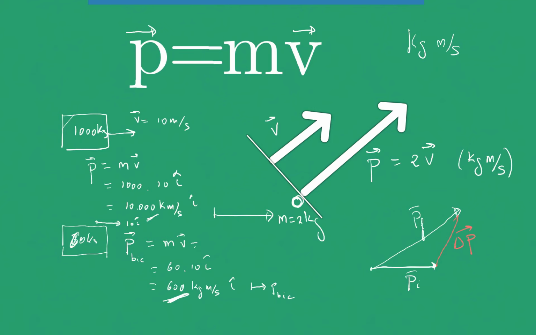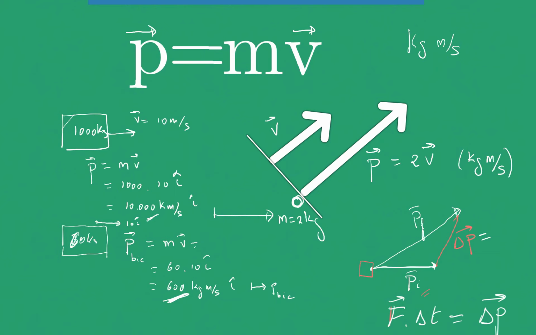Who has done this change? My car was moving in this direction with this momentum. After a certain time, it's moving with a different velocity, different direction, different momentum, and the change in the momentum is here. The new interpretation will be that the force acting during the time delta t will produce a change in the momentum.